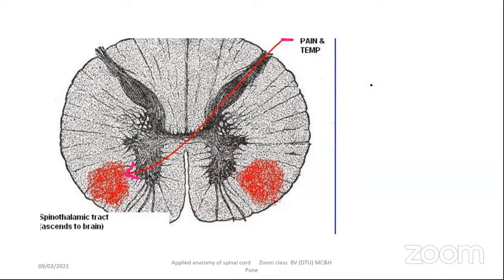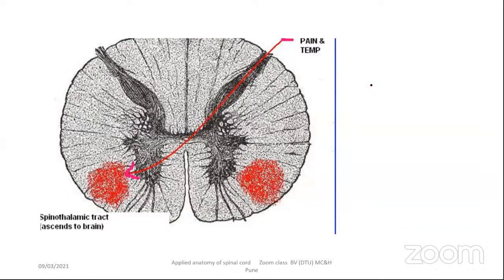On the other hand, proprioception, that is the joint sensations, the vibration sense, and two-point discrimination, get conducted from the periphery into the dorsal root ganglion, and the central process enters the spinal cord. It doesn't synapse there.